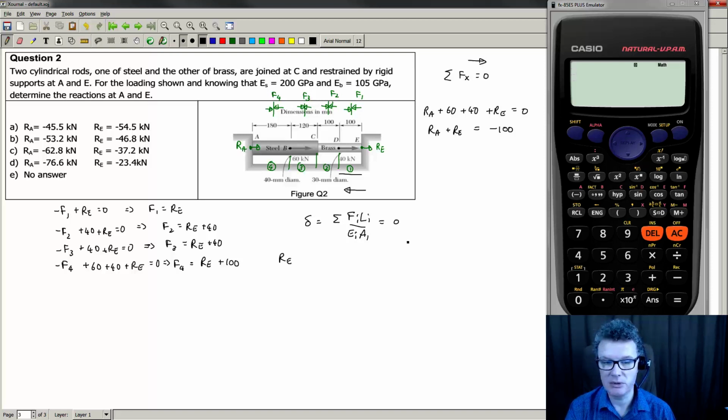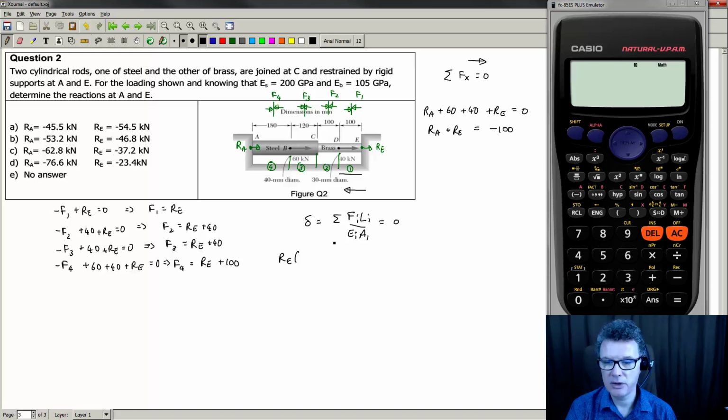So that means that when we replace our F's, we don't have to worry about the units. We know that our final answer is going to be in kilonewtons. So I'm going to be a bit naughty and not worry about my units.